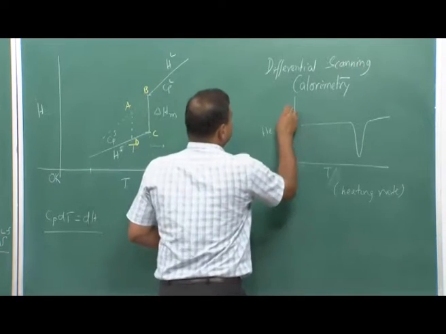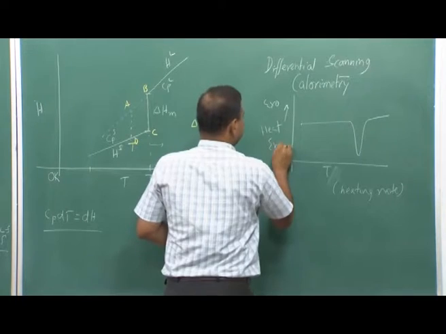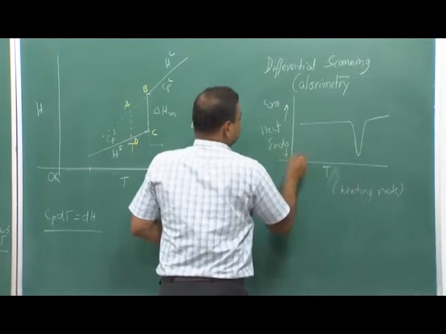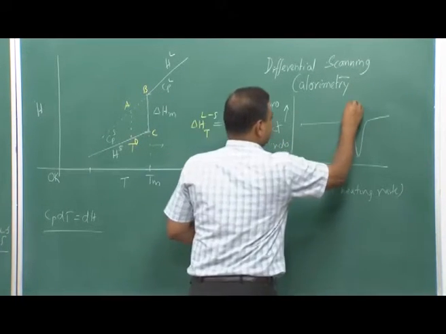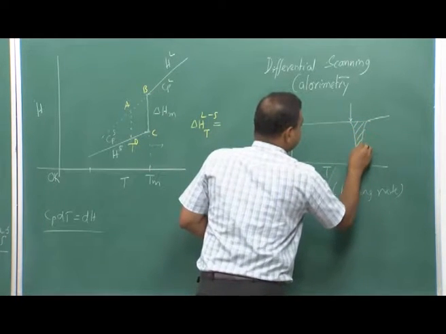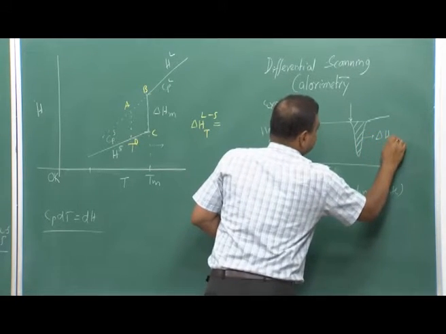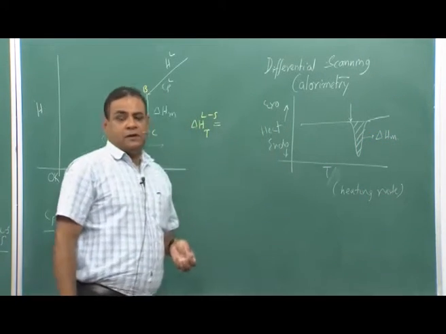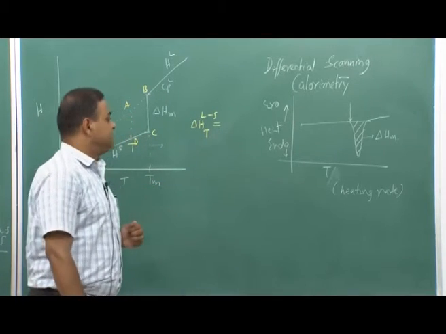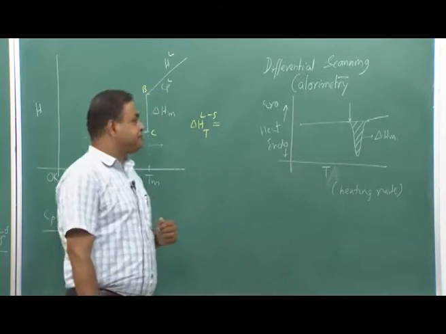Now, if this is my exo heat, that is, this is endo heat, so at the lower side, and this would be my melting point, and the area under this graph is nothing but del H m. Fine. So, this is a DSC graph. We can easily calculate this.